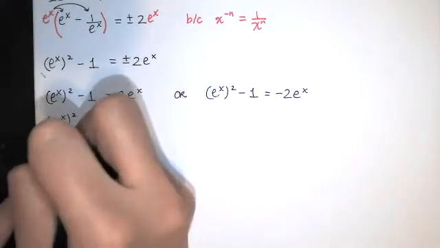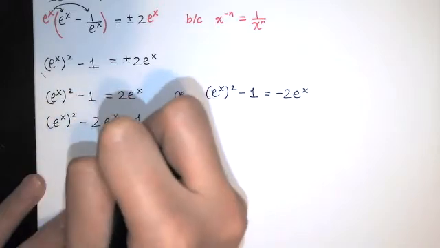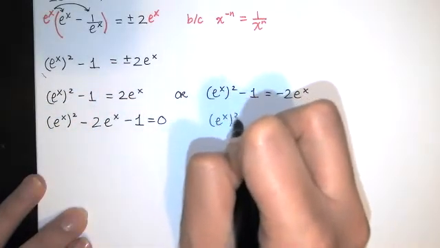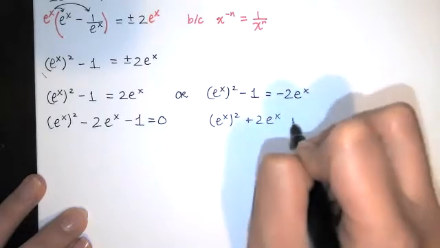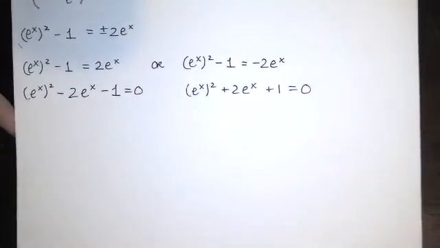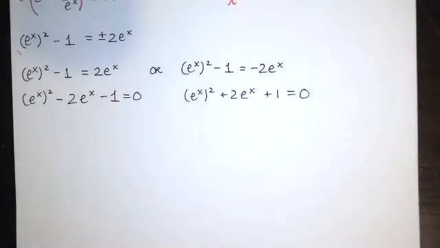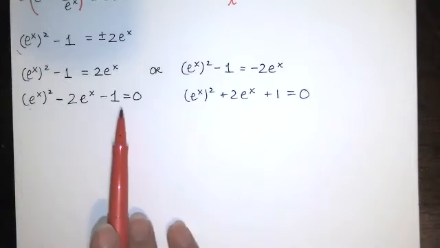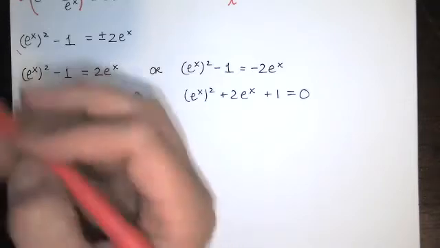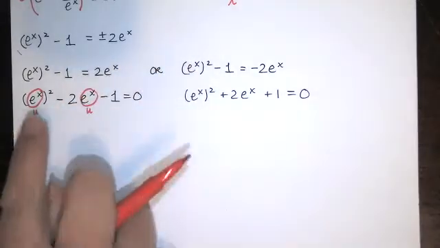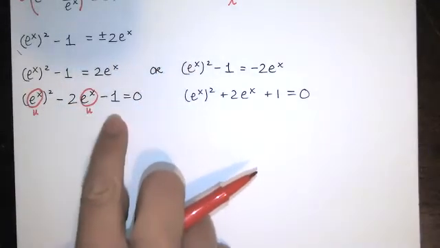And I'd like to subtract that 2 e to the x from both sides. You'll see why in just a moment. And on this one, let's add the 2 e to the x to both sides. Now you might recognize these from pre-calculus. This is quadratic in form. It's not a quadratic equation, but if I let u equal e to the x, that's u squared minus 2u minus 1.